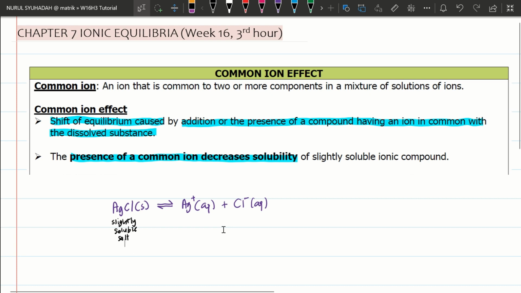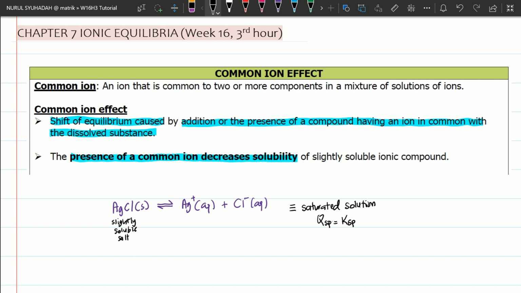Since dia akan dissolve slightly, bila the salt in equilibrium with its ions dekat sini, kita kata kita dapat saturated solution. Yang mana semalam kita dah bincang QSP. Nilai QSP adalah sama dengan nilai KSP, nak menyatakan yang dia adalah saturated solution.